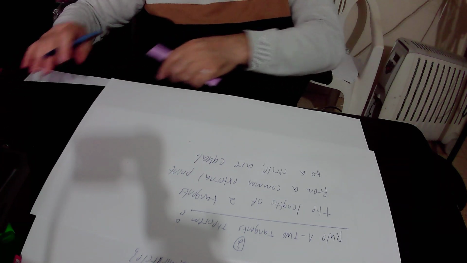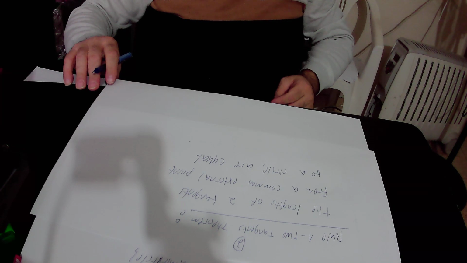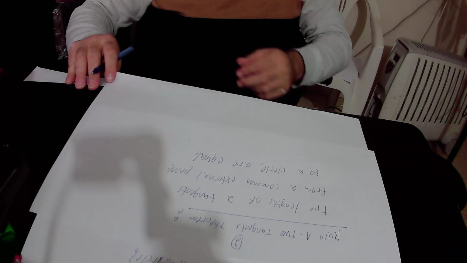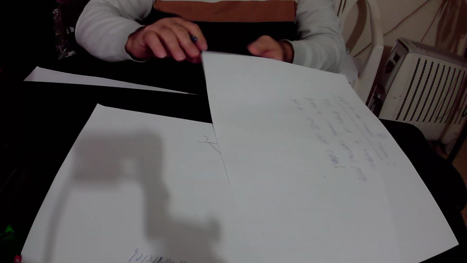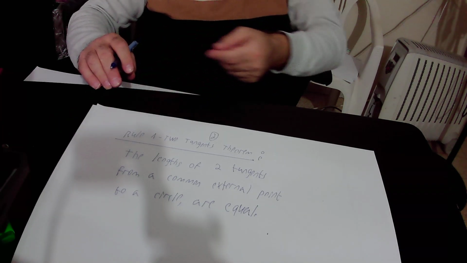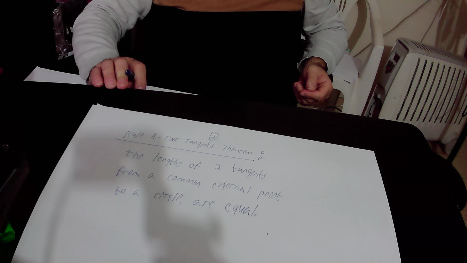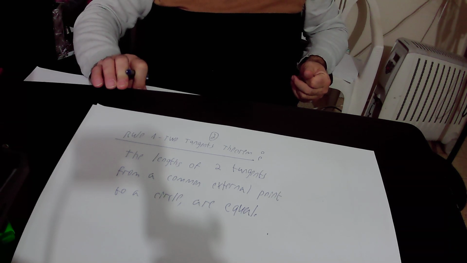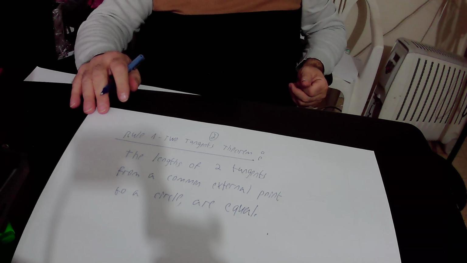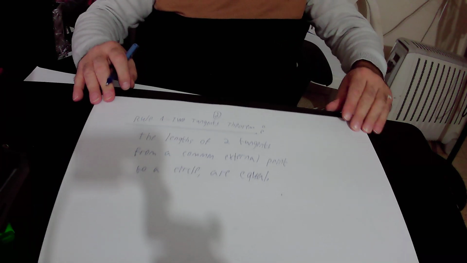So I will read the two tangents theorem again, or rule number 1. According to the two tangents theorem, the lengths of two tangents from a common external point to a circle are equal. What is the meaning of rule number 1?